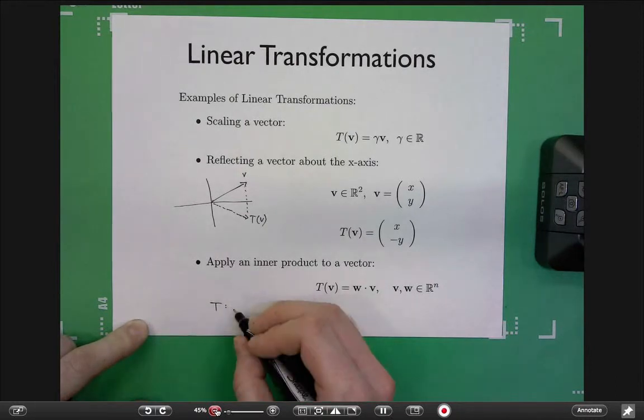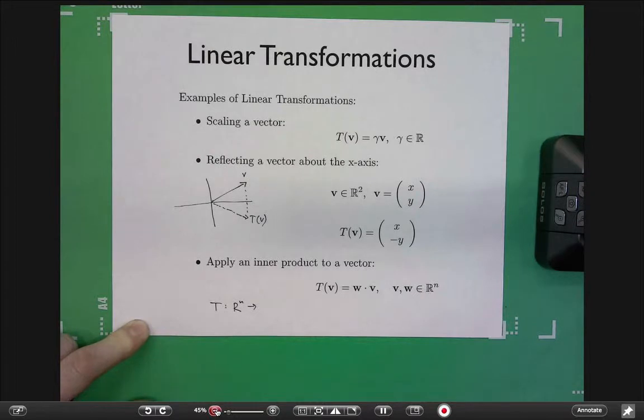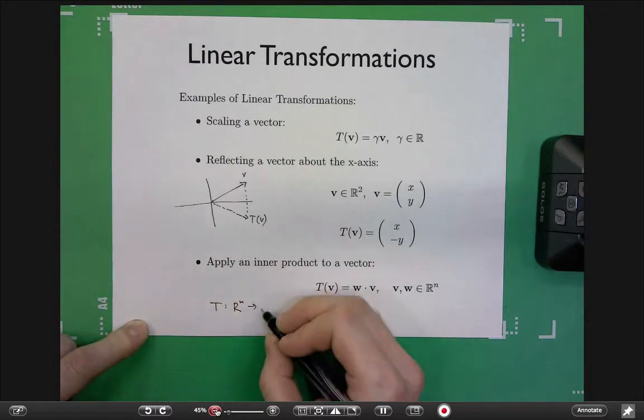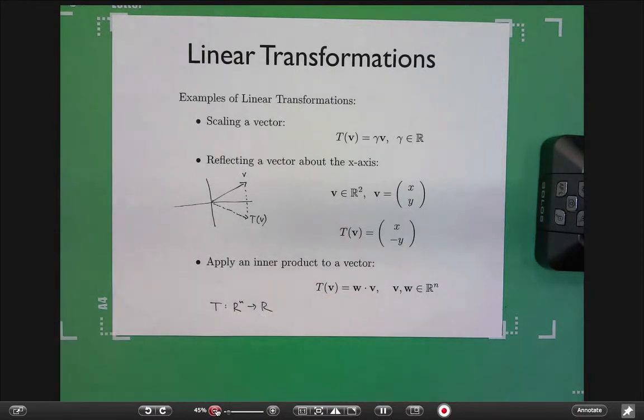It takes a vector from R^n and returns what? Slightly tricky question. Scalar, yeah. So it's a function that goes from R^n to R. You could also think of R as R^1, the one-dimensional real vector space. That's totally fine. So that's another example of a linear transformation.